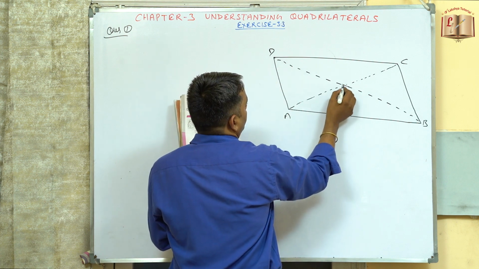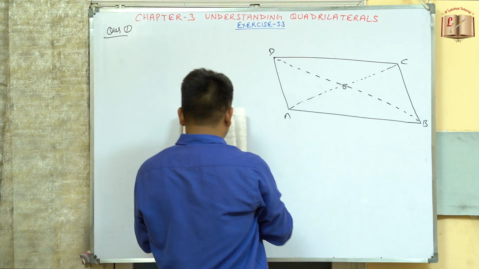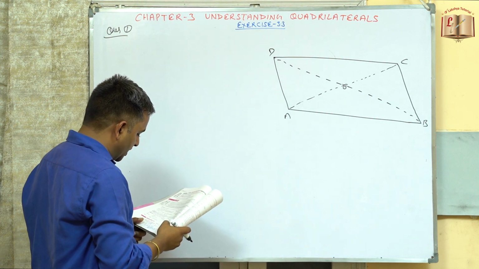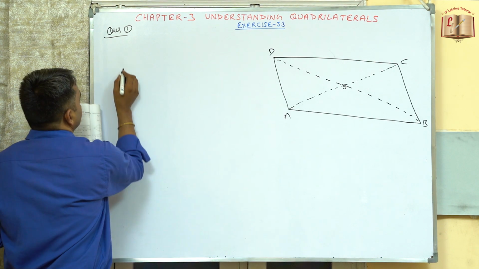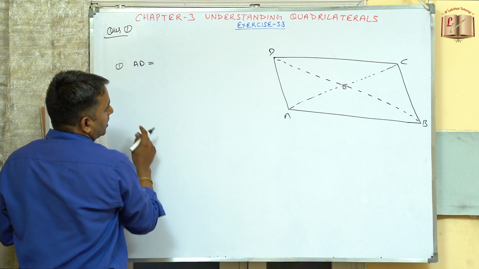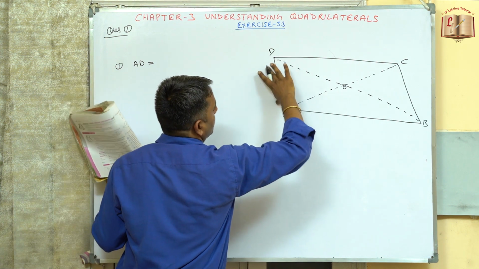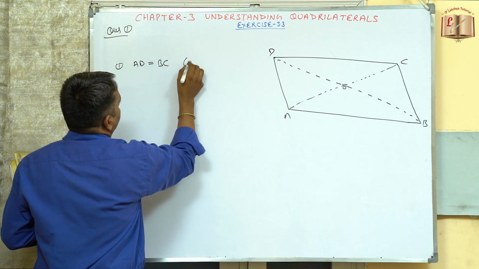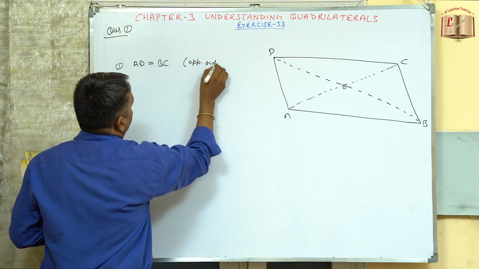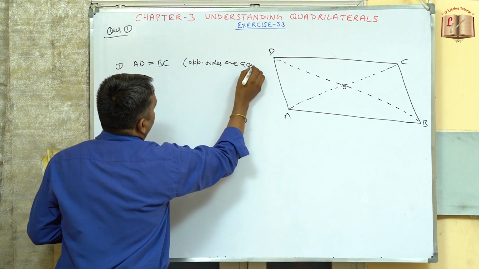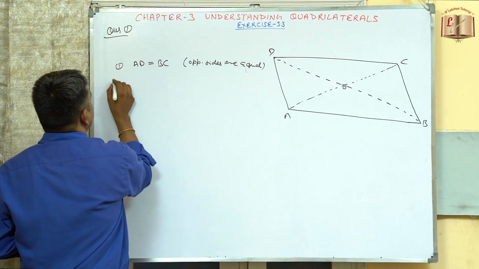They are meeting at point O. Now complete each of the following statements along with the definition of the property used. So now coming to the first one, AD will be equal to BC because opposite sides are equal. We can write opposite sides are equal, because in a parallelogram opposite sides are equal.